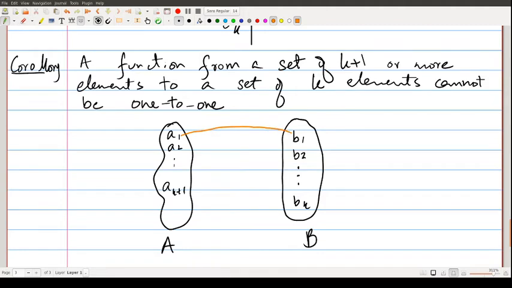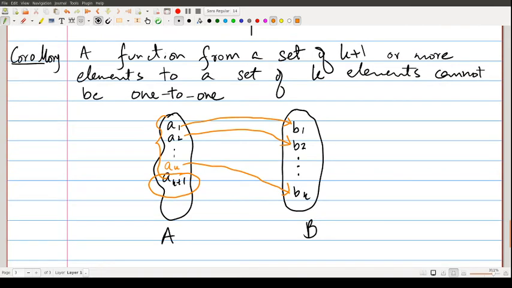You can make A1 to B1, A2 to B2 up until Ak to Bk, but by the time you reach Ak, all of the elements in the codomain B have been used up. So A(k+1) must be mapped onto some element that has already been mapped by some previous element, right? Is that clear?